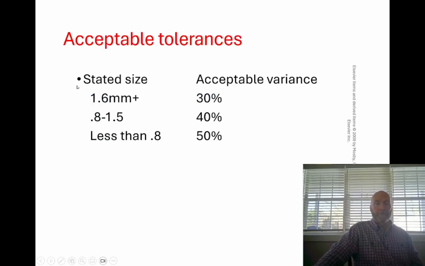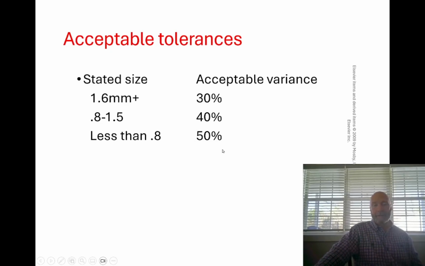So I mentioned this before, acceptable tolerances in our focal spot sizes. If we have a large focal spot, then the accepted variance is 30%. And the smaller the focal spot gets, the more acceptable it becomes to be out of whack, so to speak. So the larger focal spot, the tighter the variance. The smaller the focal spot, the more loose the variance.